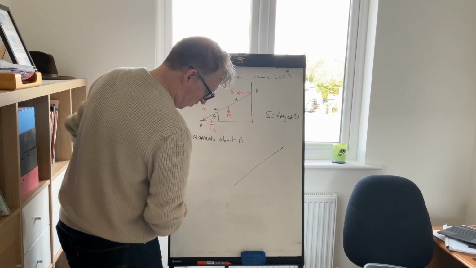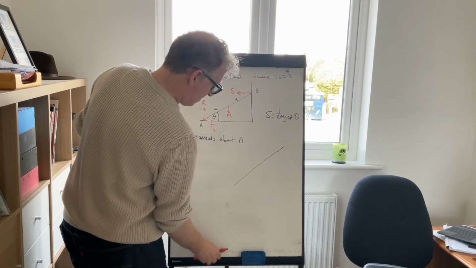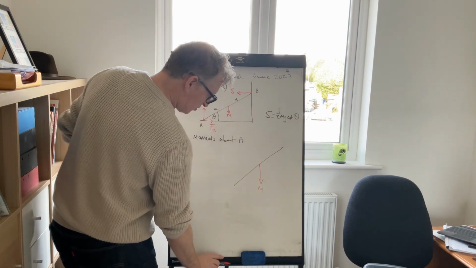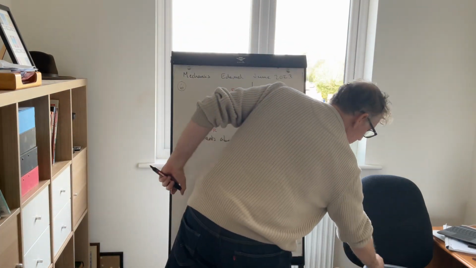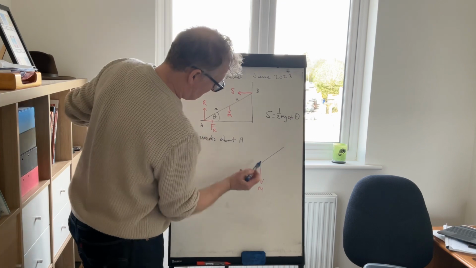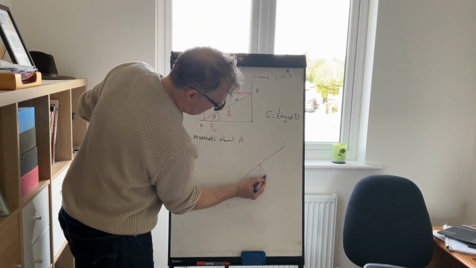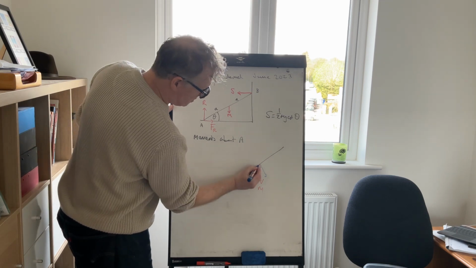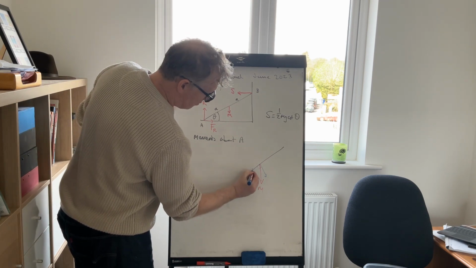So what I'm saying is that m that's coming down here, I'm going to resolve into two separate forces: a force that is perpendicular to the plane and a force that is parallel to the plane.